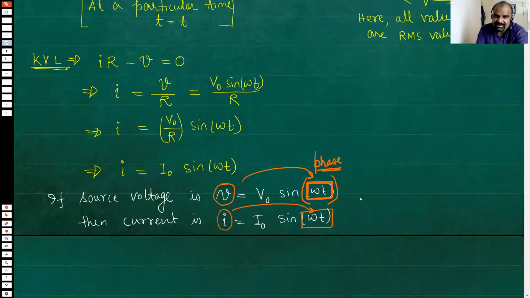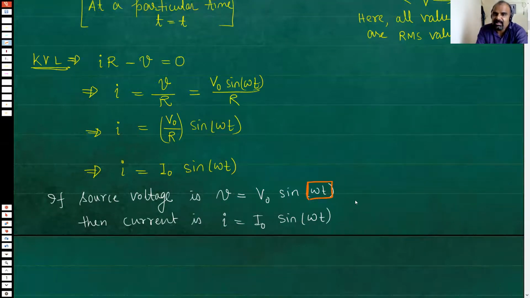This is valid only for a resistive circuit. Very soon we will study the capacitive circuit and you will realize that things are different. In a resistive circuit, the phase of voltage and the phase of current are the same.